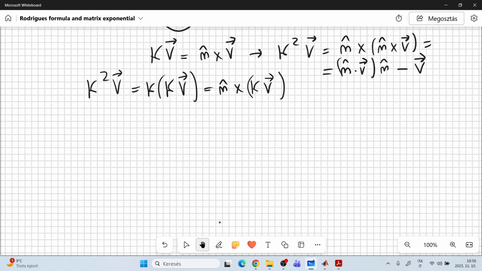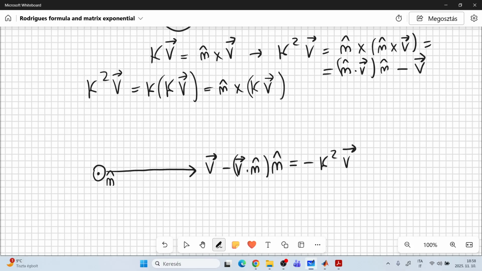So we can think that the situation is something like this. Here we have the vector n that's coming out of the screen. Then we can sketch the vector v minus v dot n, which is equal to minus k squared v.